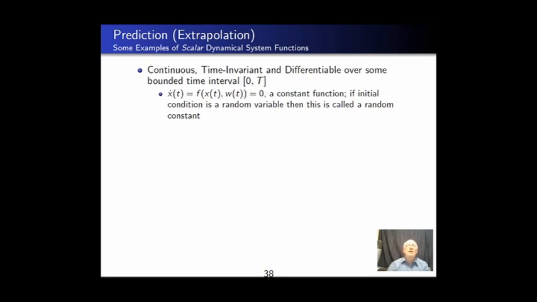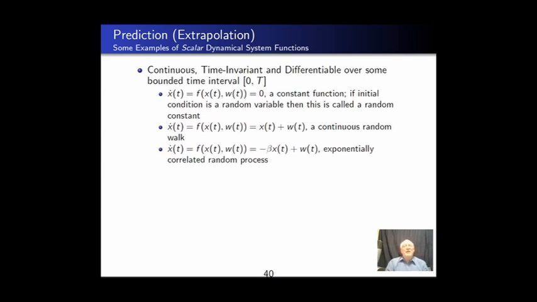If the initial condition is a random variable, then this would be called a random constant function because we get a different value for x every time we integrate this using a different random initial condition. If, in fact, the rate of change of x is equal to its value at that time t plus some random noise, then this is an example of what we call a continuous random walk.